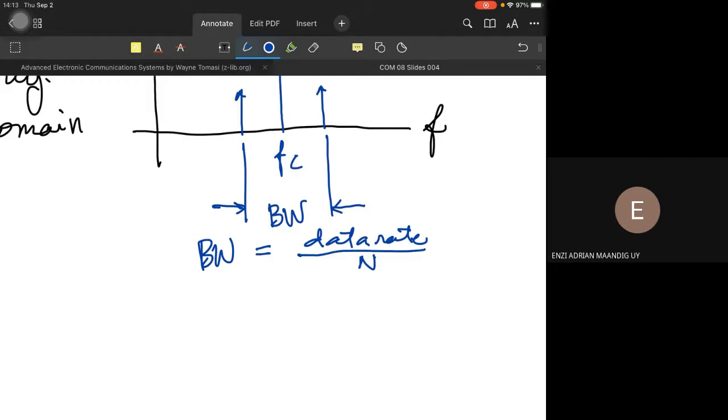So the bandwidth of ASK depends on the data rate of the input it receives. It doesn't depend on the system itself but on the signal or data being fed. But n is equal to 1, so bandwidth is equal to data rate. Whatever your data rate is, that is the bandwidth.